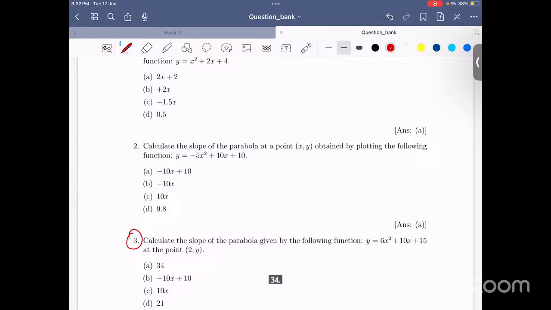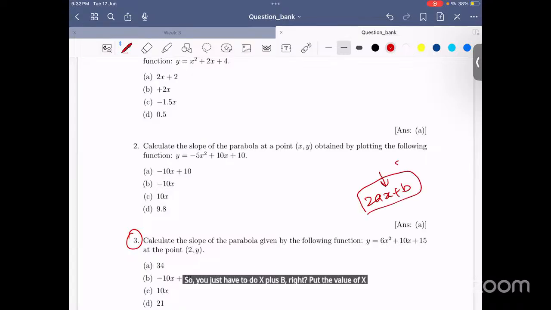Okay, so you just have to take 2x plus b, right? Put the value of x equals 2. You can calculate a from this equation, right? Correct.